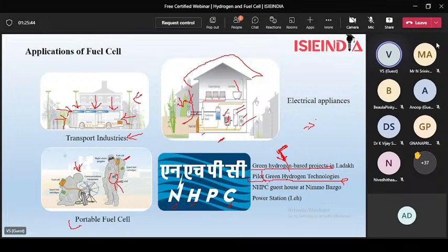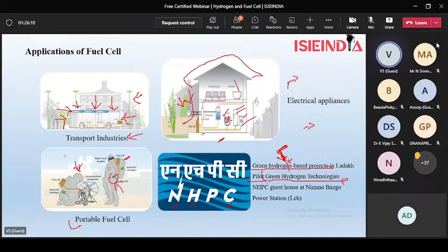But if the electricity is based on coal or petroleum, then that hydrogen will be gray hydrogen. There is also pink hydrogen, which is produced through nuclear power. So there are different types of hydrogen based on the different ways it is produced, and the classification of hydrogen is different.